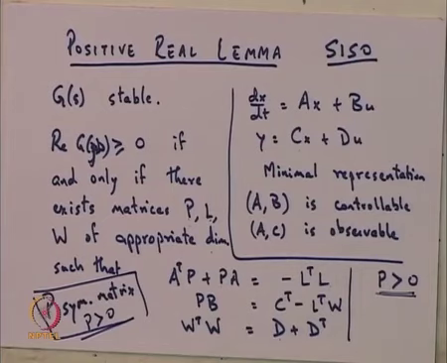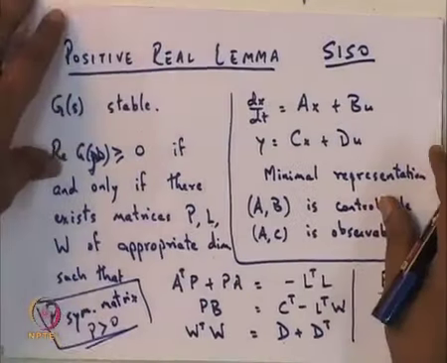Okay. What does all this mean? I have just stated a lemma called the positive real lemma, but what does this finally mean? What this finally means is that you could think of the storage function for the system.